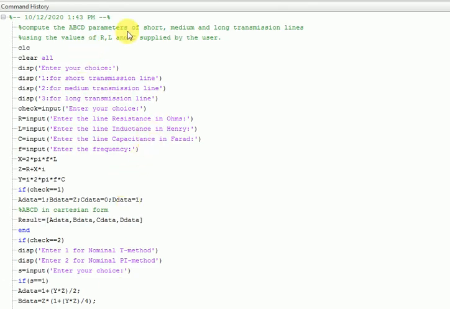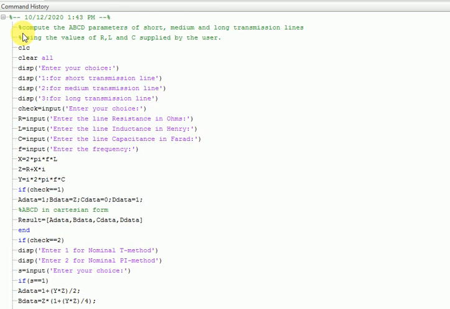So let us start with the program that I have fed in this MATLAB file. This is the date which is showing on which day I performed this experiment, and then the program starts over here. The main thing that we are finding is ABCD parameters for the short, medium and long transmission line.